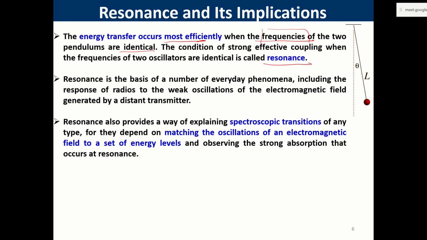All those are examples of this. You are matching the rotational frequency or the vibrational frequency as required by the energy levels, and if the photon also has the same frequency, then the energy is absorbed. So resonance occurs there also.